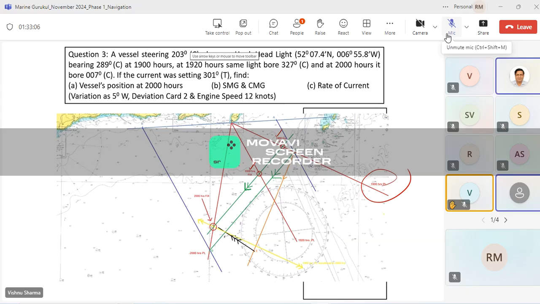Can you name the point? Which point? Where it is written 1900 fix, sir. That is the point. C will be transferred there. This point C is transferred to 1900 fix. Is that what you're saying? Point C on the first PL is transferred where? After 1 hour.